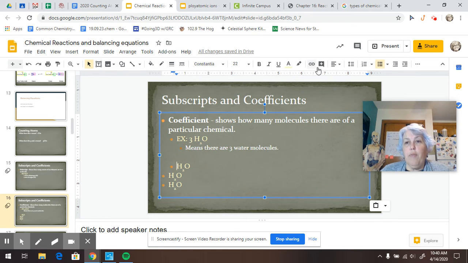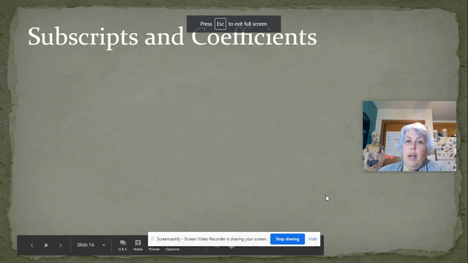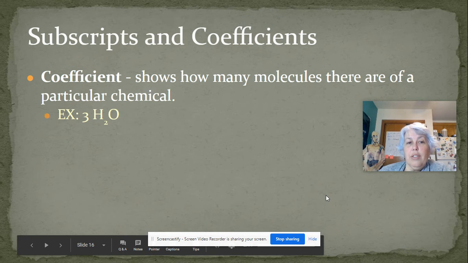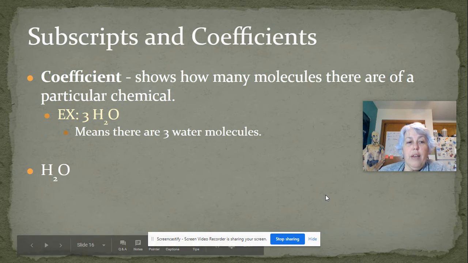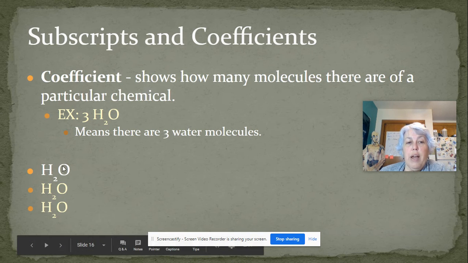So if we're trying to figure out how many hydrogens and oxygens there are, we can figure that out because now we've got 3 of these H2Os, 1, 2, 3. Well, how many hydrogens are there? There's 2, 4, 6. And how many oxygens? 1, 2, 3.